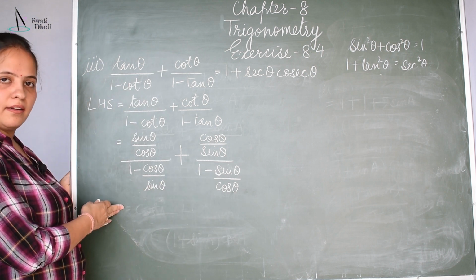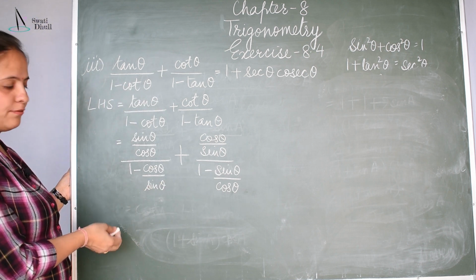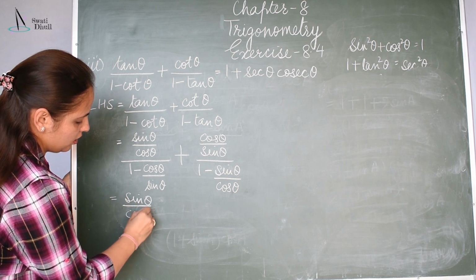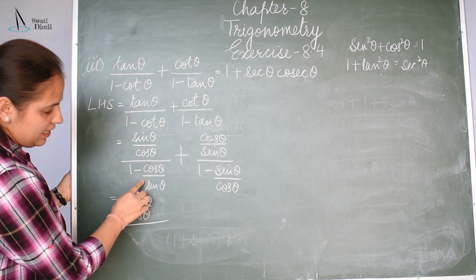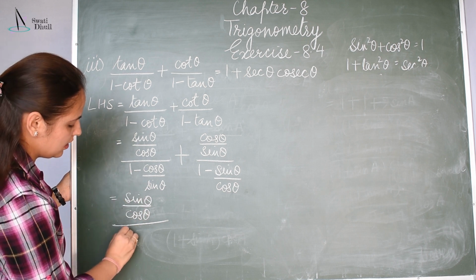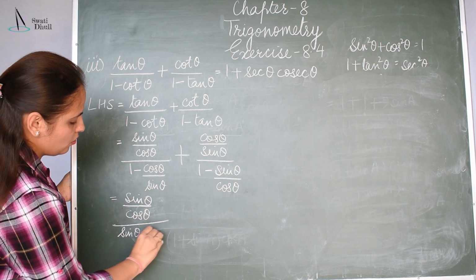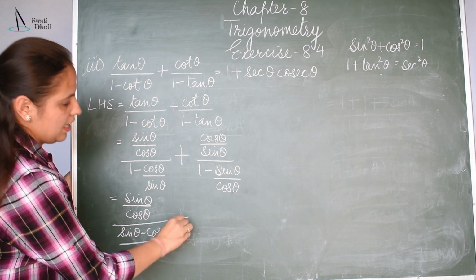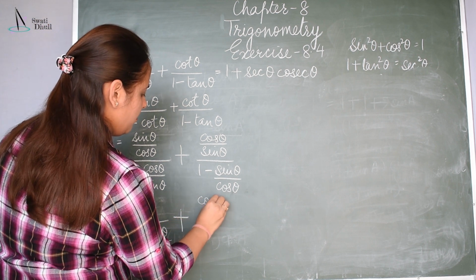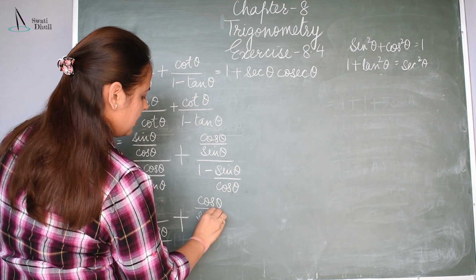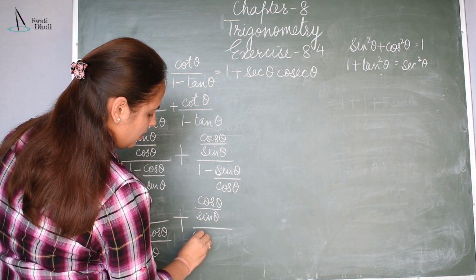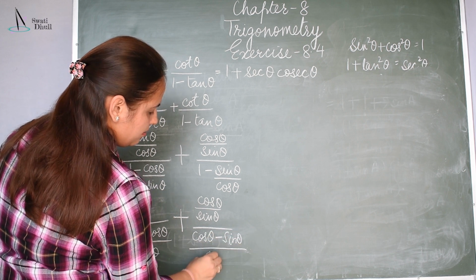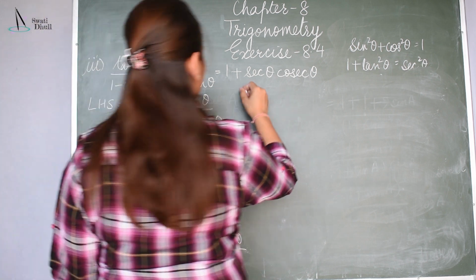Now in the denominator I have to take LCM for simplification. So sine theta divided by cos theta divided by, LCM will be sine, so it will become sine theta minus cos theta divided by sine theta, plus cos theta divided by sine theta, divided by cos theta minus sine theta divided by cos theta.